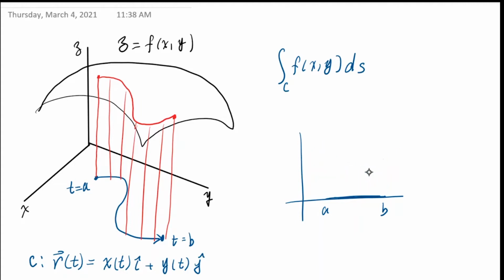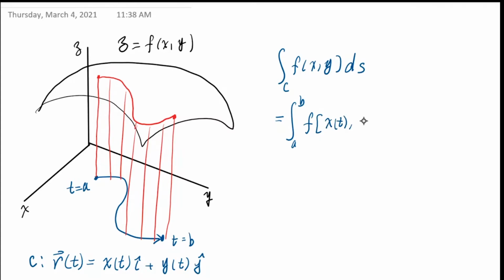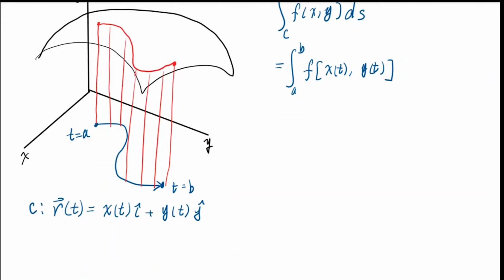Okay, I'm gonna erase this now. So how can we evaluate this integral? We have to convert it into a single variable somehow, and one thing we do is f of x and y, according to this vector function, we can plug this thing in so it becomes a function of t. You know what I'm saying? And then we have to figure out ds. Ooh, what was ds? Do you guys remember what ds was?